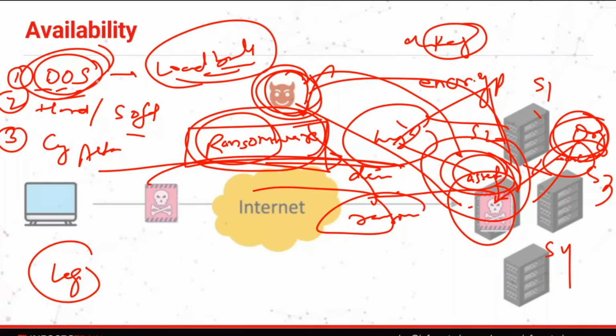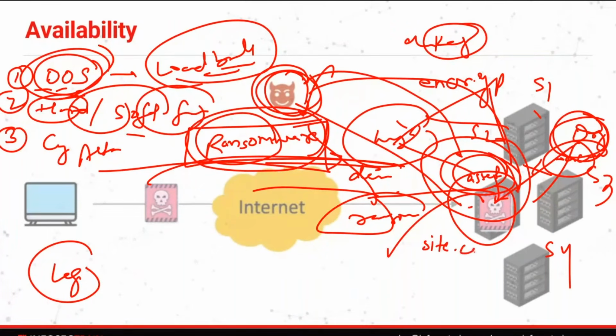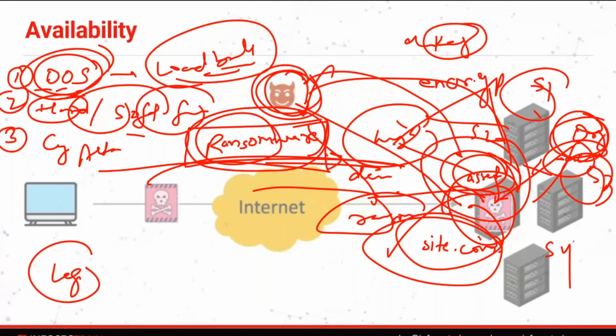We have hardware and software failures that can happen. So if the website was hosted on, let us say, this server 2, let us say this is site.com, I'm going to have redundancy here. I'm going to host this site.com not just on server 2, but on server 1 also, server 3 also, server 4 also.